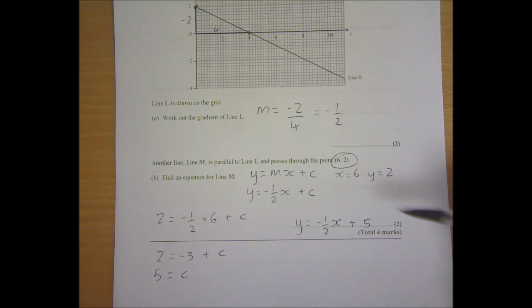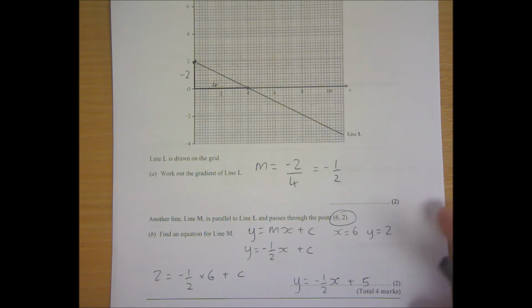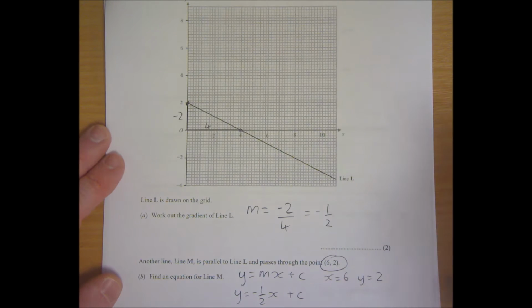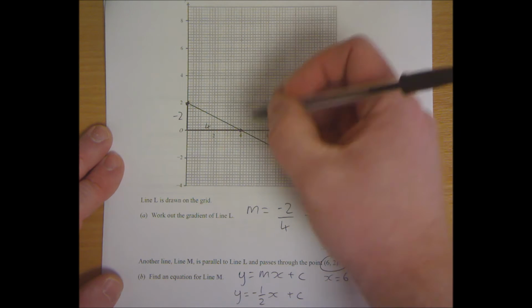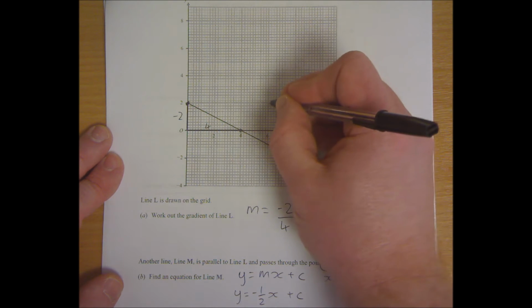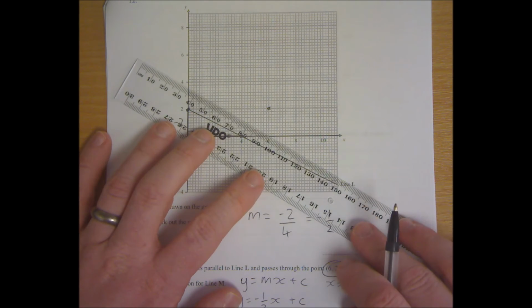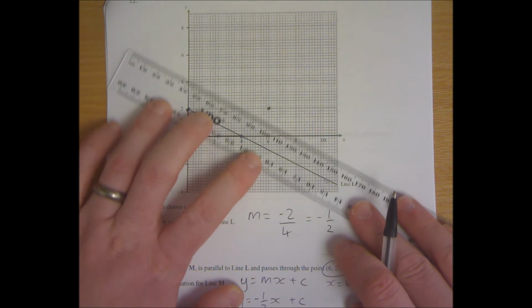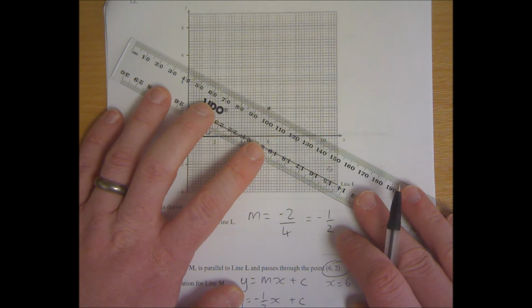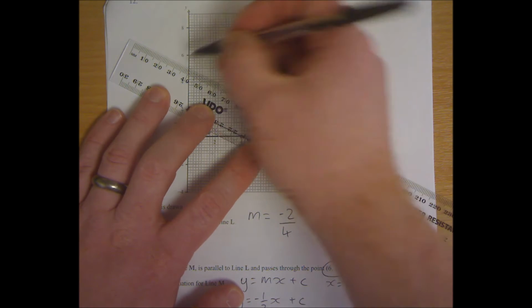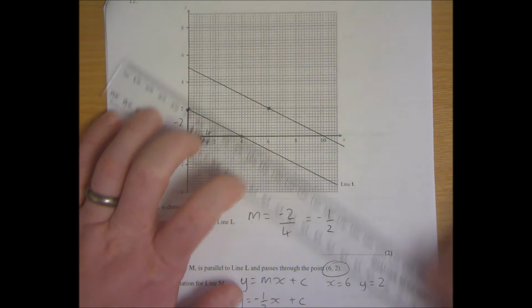Now, I did say that was the most mathematical way of doing it, but in the exam, if you were quite stuck with it, what I would be doing there is going to 6, 2, putting a cross, and then trying to draw a parallel line. So my line goes like that. If I draw the parallel line, that looks like that.